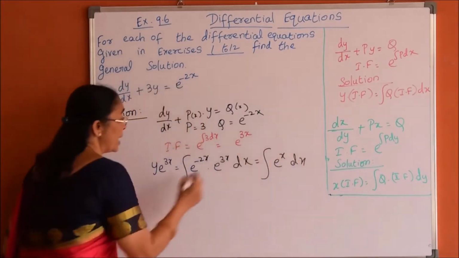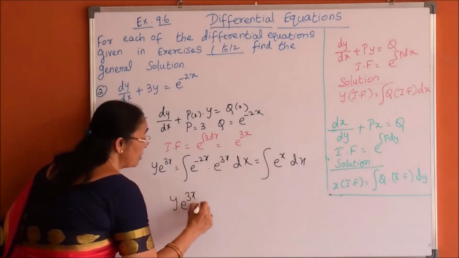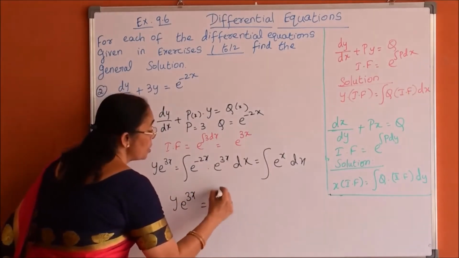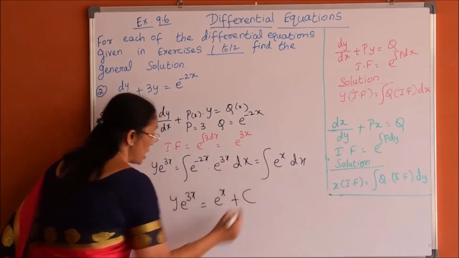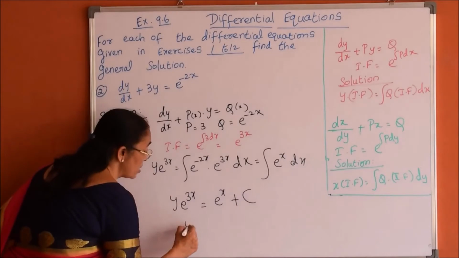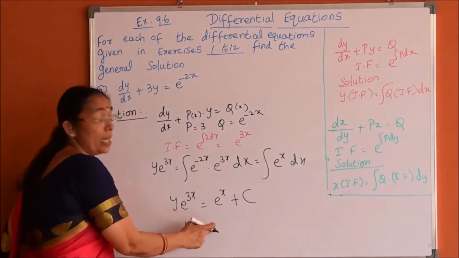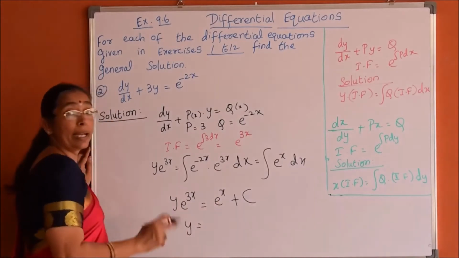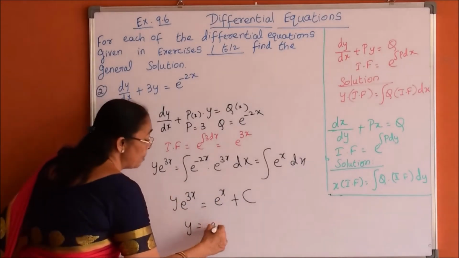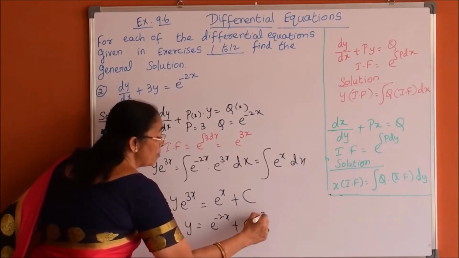Now e power x integration is e power x itself. So y e power 3x is equal to e power x plus c, or we can divide throughout by e power 3x. Y is equal to e power x divided by e power 3x, which is e power x minus 3x, e power minus 2x plus c e power minus 3x.